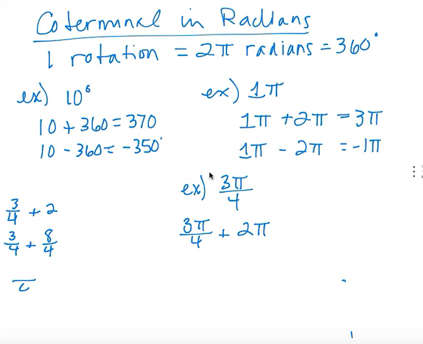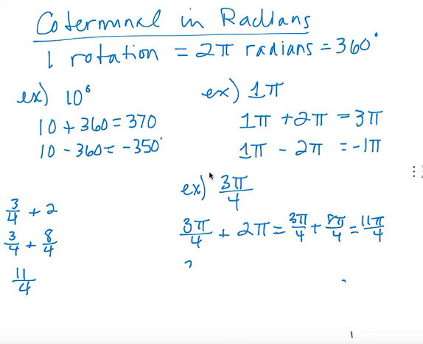Then we keep the denominator and add the numerators. Same idea here. I want to say that this is 3 pi over 4 plus 8 pi over 4, which gets me to 11 pi over 4 being coterminal.